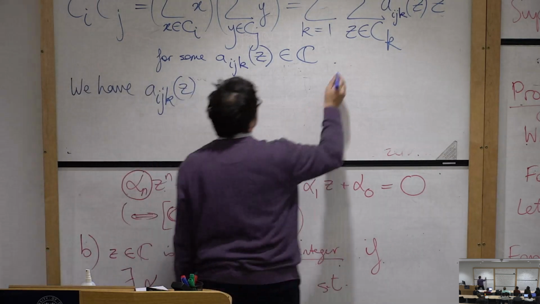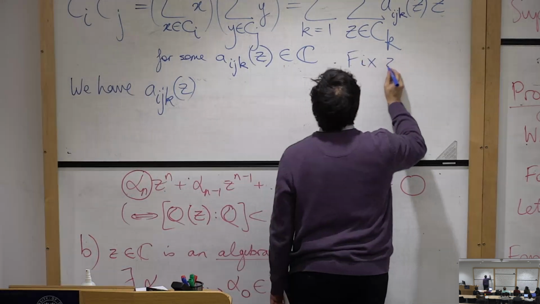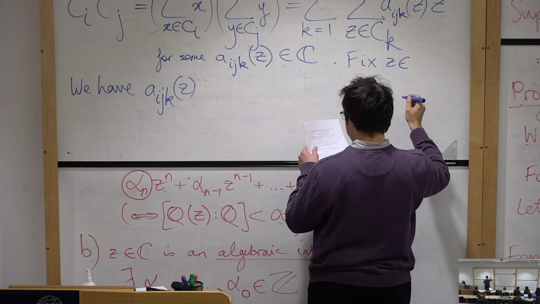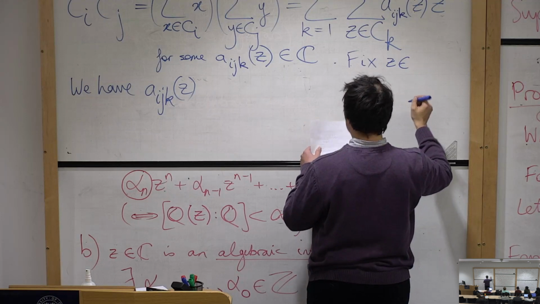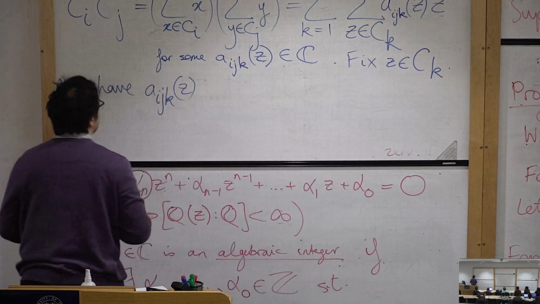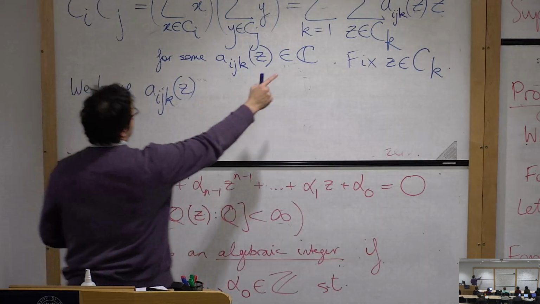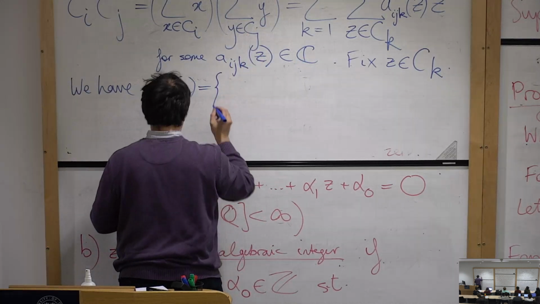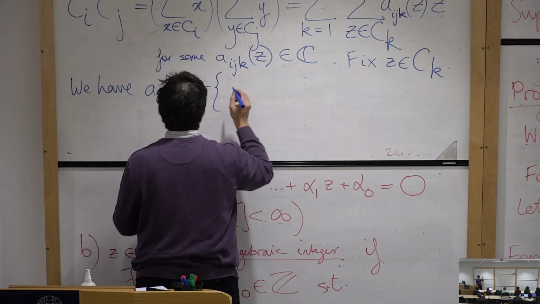So now we'll fix Z. I suppose, fix k and z. How many times does x times y equal z? Well, I don't know. I'll write down a formula for it.